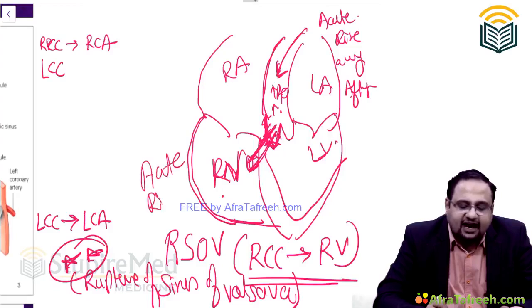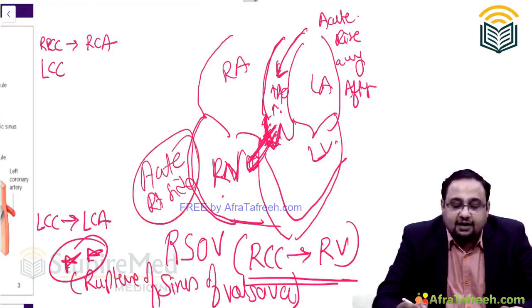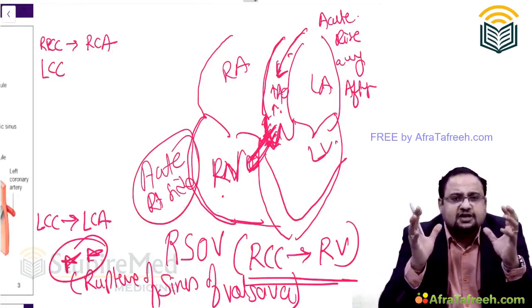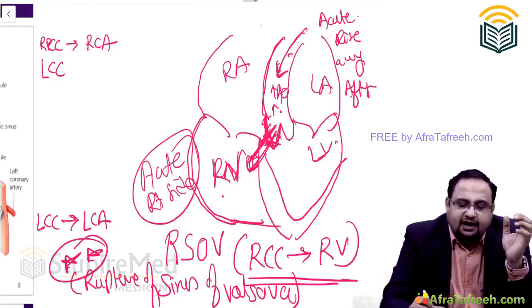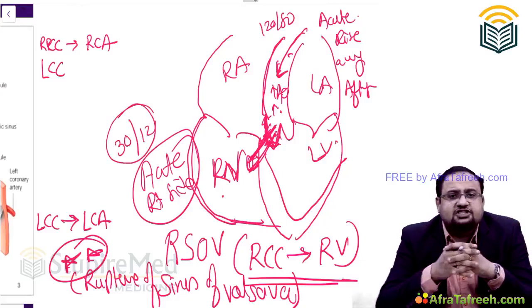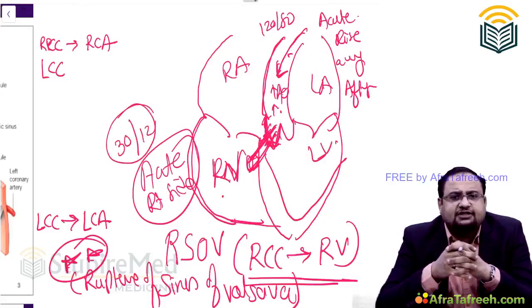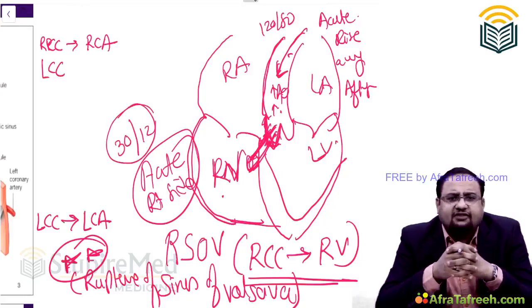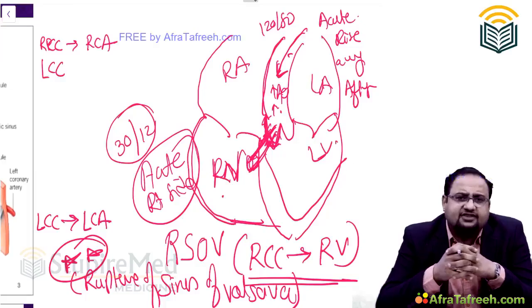Why will right heart failure happen? Because the aorta has a very high pressure of 120 by 80 compared to the right ventricle's 30 by 12 mmHg. The right ventricle cannot tolerate such a sudden rise in pressure, it gets arrested, and the patient succumbs to death.